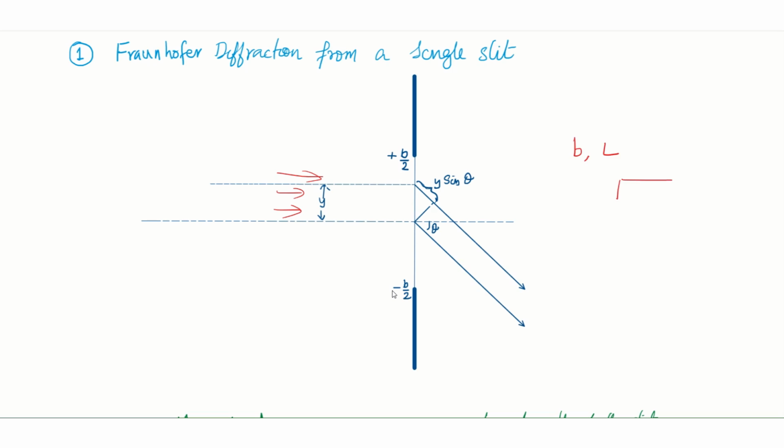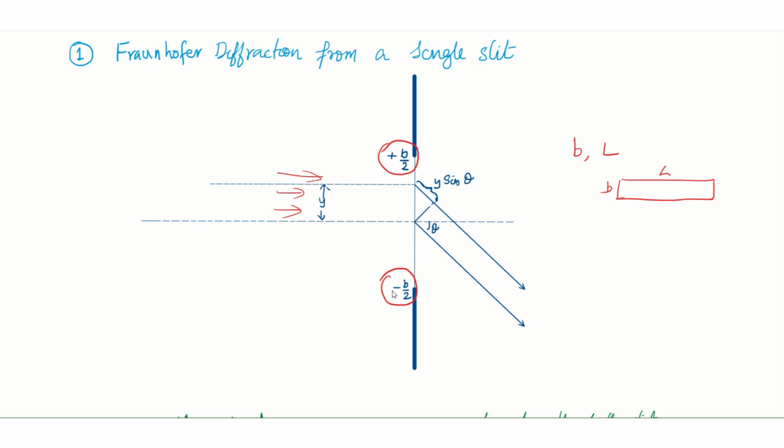That is, it is like a rectangular slit. Let's say this is L and this is b. But for convenience, we take the height as minus b by 2 to plus b by 2, just to make the application of limits easier.